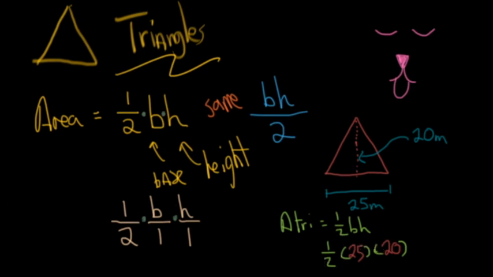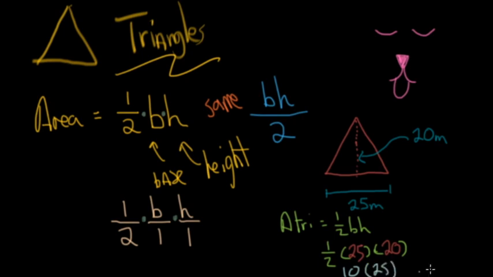Now here's a quick little thing for you. If you had to multiply a half times 25, that's kind of pretty hard to do. It's 12 and a half, but is a half of 20 going to be easier? I think so. So I'm going to go a half times the 20 first. So half of 20 is 10. I'm going to times that by the 25.